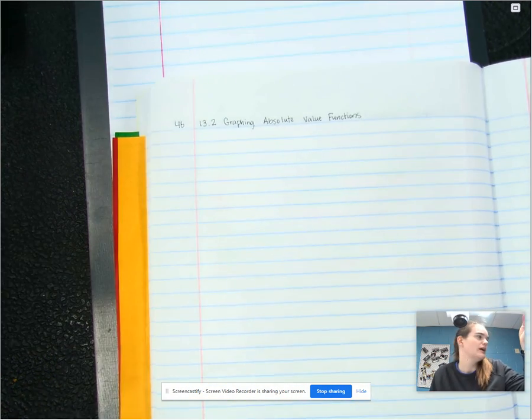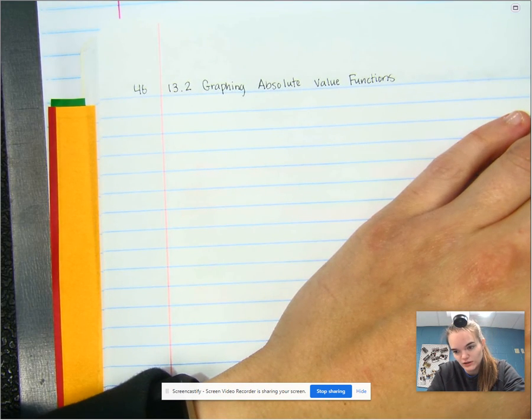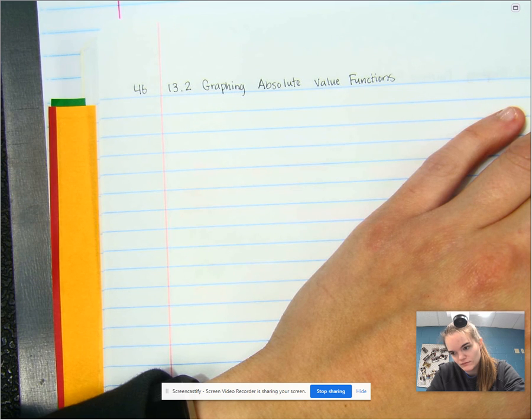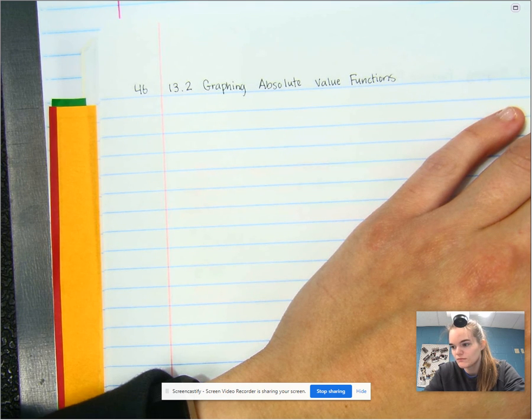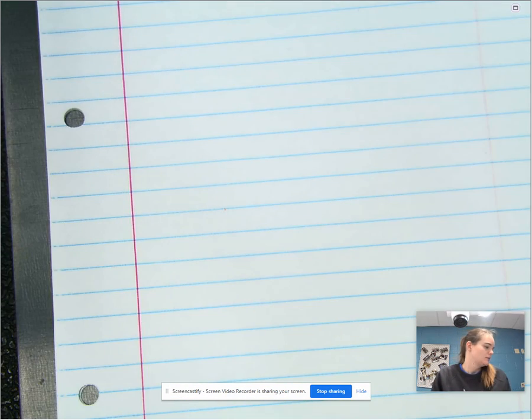So remember, if you don't have a printer and you don't have the handout, you are just going to write it in here on this page. Okay, so put that to the side. Let me get out the foldable.